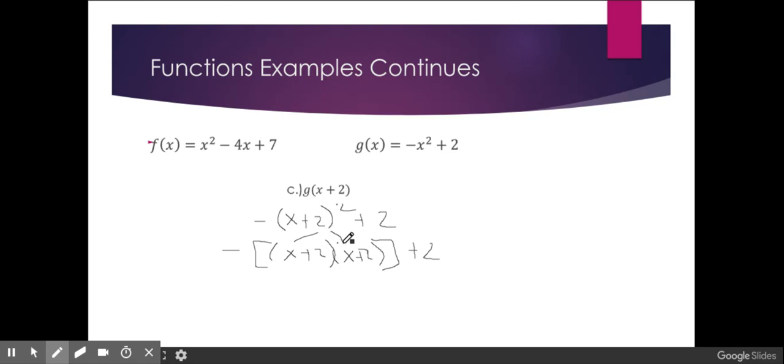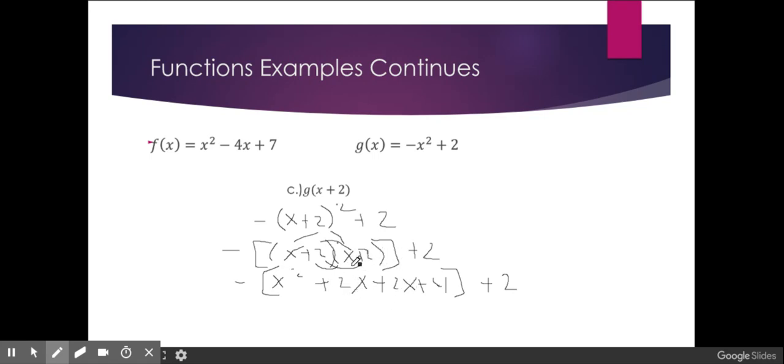So to FOIL, we'll get x squared plus 2x plus 2x plus 4. And that's all in our bracket because all of this stuff is going to end up being negative because we have the negative on the outside. So if we distribute the negative, we can combine these like terms.